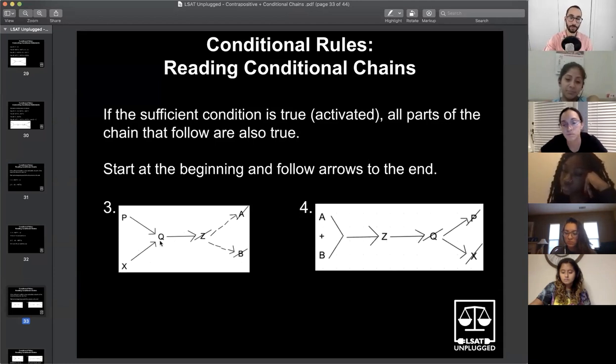On the other diagram, Q in doesn't tell you where P and X are. So if we were told if Q is in, what must be true? We could say Z is out. And we could say at least one of A or B must also be out. But we wouldn't know anything about where P and X were in that particular circumstance.